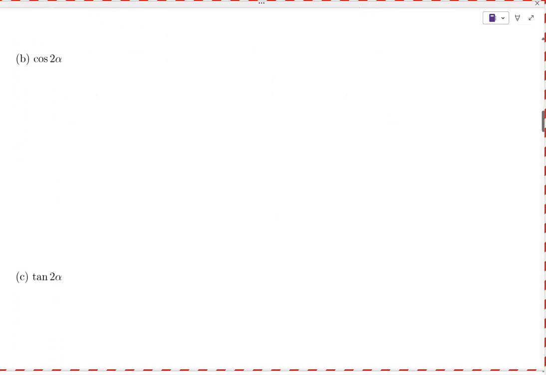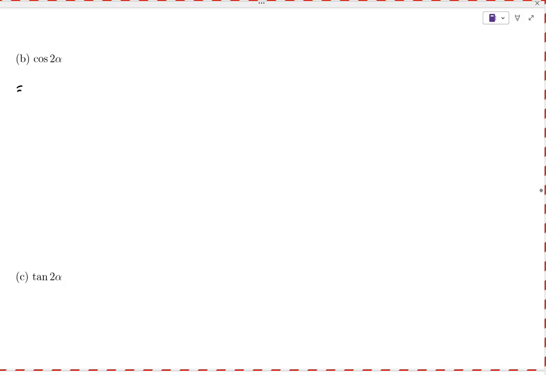For your cosine of 2 alpha, again, use one of the formulas that we have for cosine of 2 alpha, one of the double angle formulas for cosine. Tell me one of them. What's one of your double angle formulas for cosine?